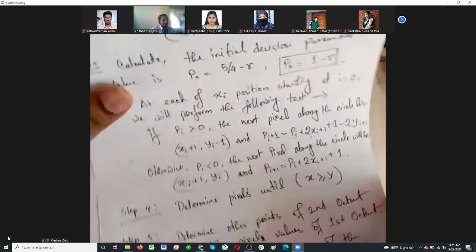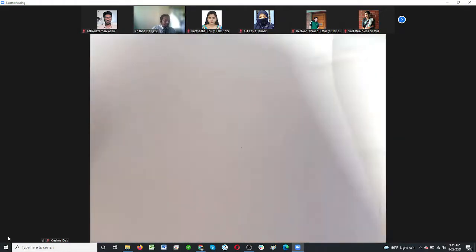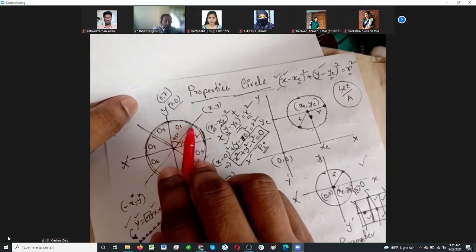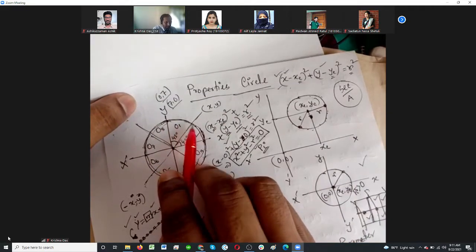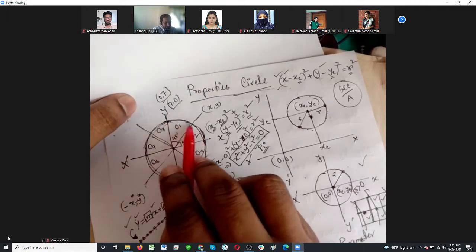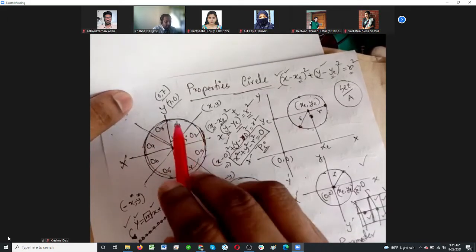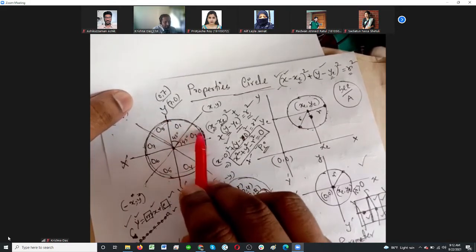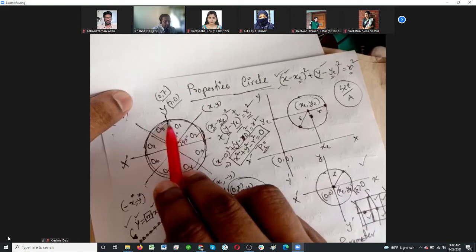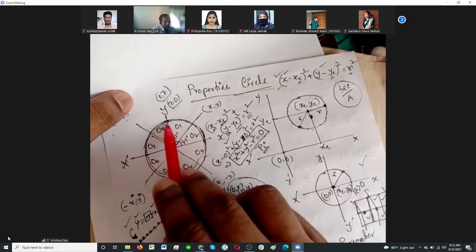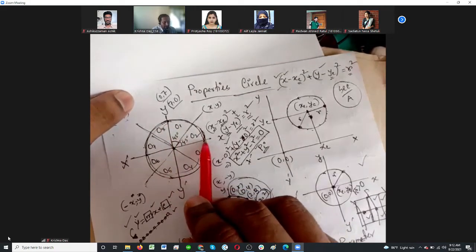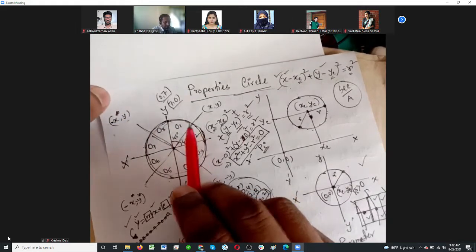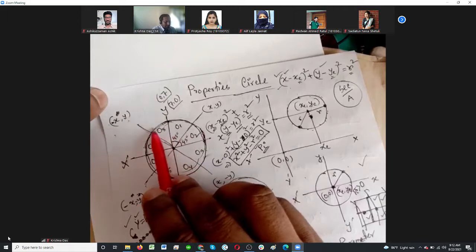Whatever pixel values we get, as you can see, whenever we get the first one with the algorithm, then we reverse the points, so we get all the points here. If we get 5 points here, it is understandable we will also get 5 points here. So that is 10 pixels for one quadrant. Now I'll change the sign of those 10 pixels, and we'll get the second quadrant value.